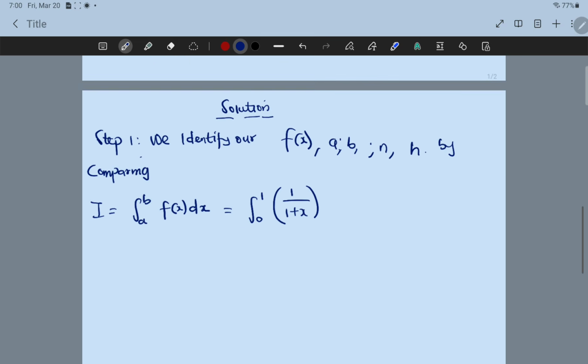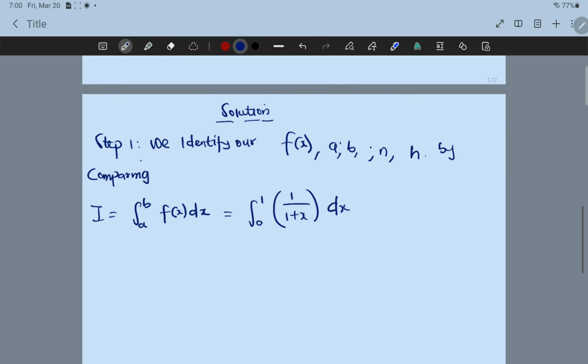So by analysis and by common sense, we now know that our f of x in this case is 1 over 1 plus x. I believe you understand now.